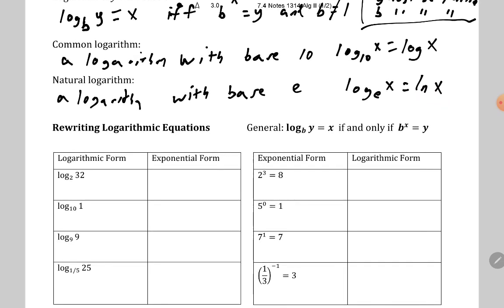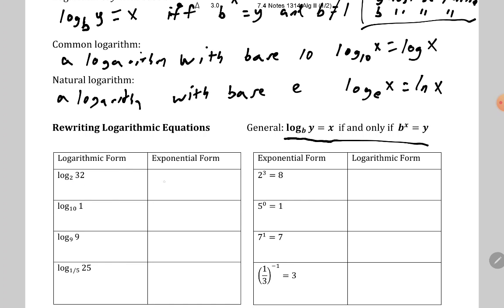So let's rewrite these log base b's into something we like to use. So in general, log base b of y equals x if and only if b to the x equals what? Okay? So I'm going to change this logarithm form into exponential form.